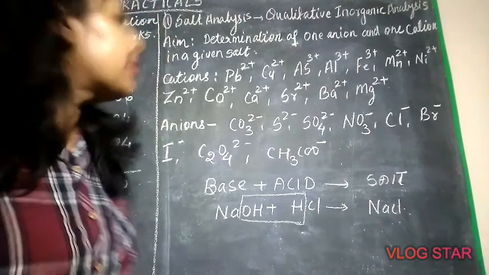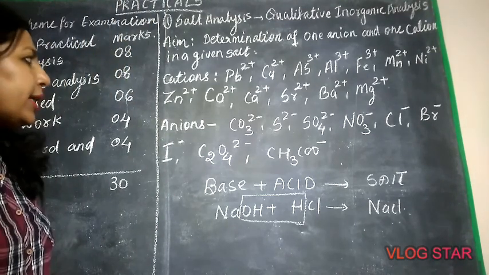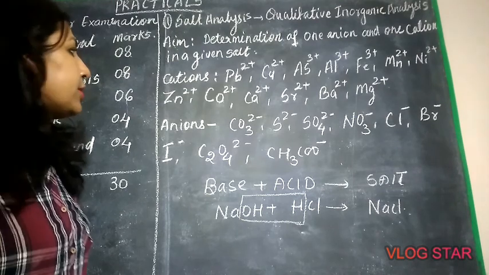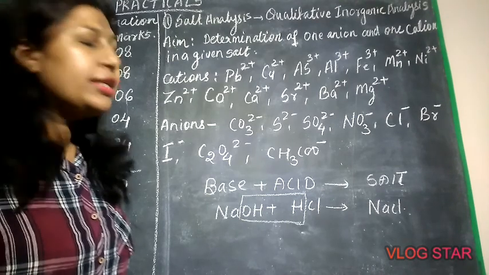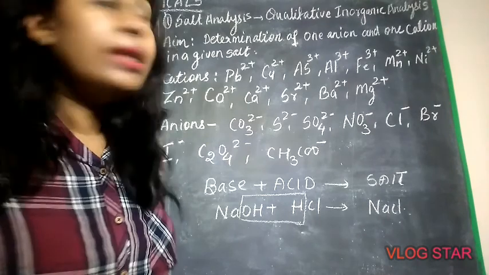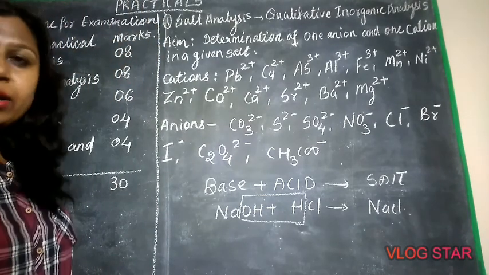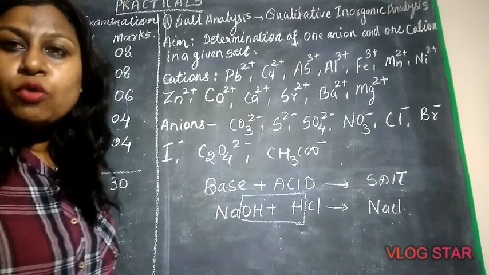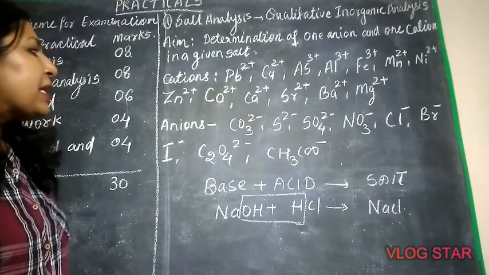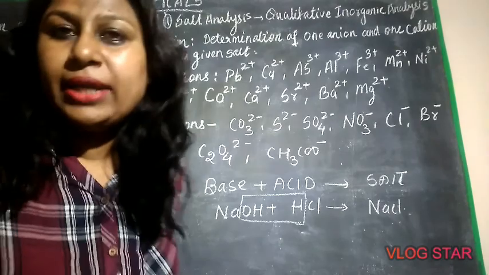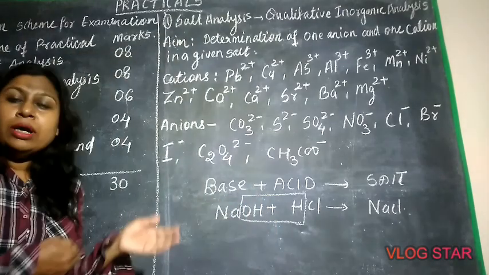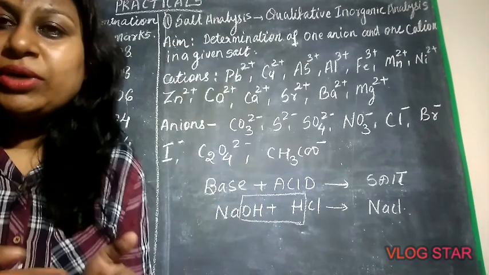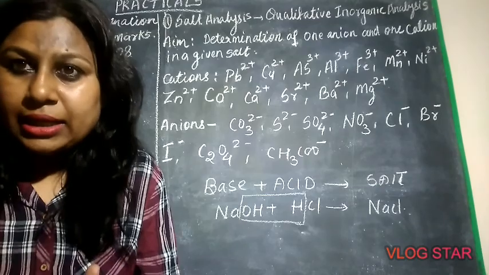And the anions CO3 2-, S2-, SO4 2-, NO3 -, Cl -, Br -, C2O4 2-, CH3COO -. So these are the analyses which we need to do in a salt analysis.